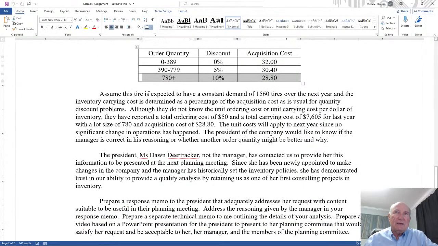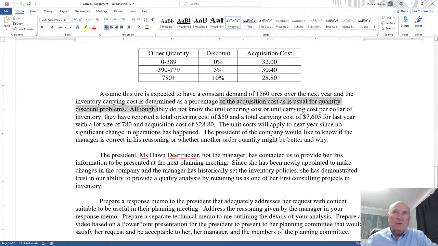Assume this tire is expected to have a constant demand of 1560 tires over the next year, and the inventory carrying cost is determined as a percentage of the acquisition cost, as is usual for quantity discount problems, as we said in the lecture.